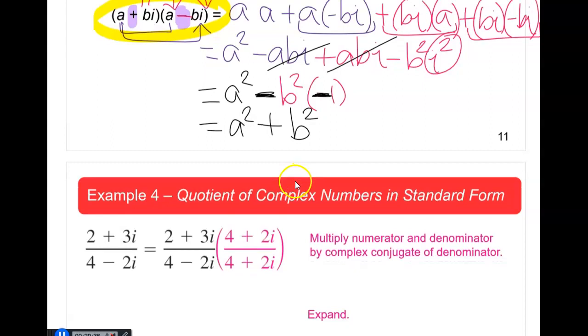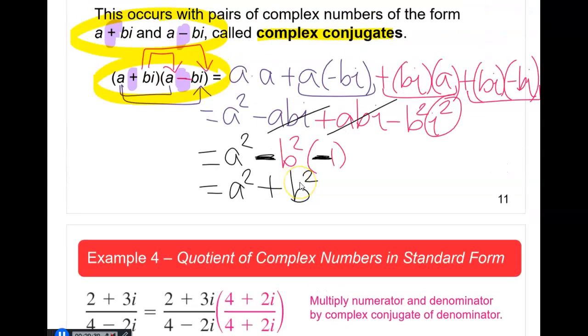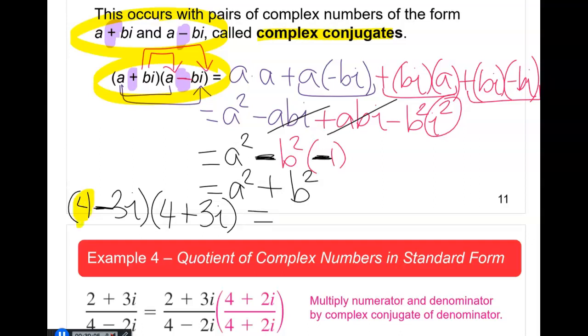Okay, so let's do an example of using this shortcut. For example, if I have 4 minus 3i, the complex conjugate of that will be 4 plus 3i, since here we have a minus, the conjugate will have a plus. So the shortcut is to take the 4, which is like the a, and square it.